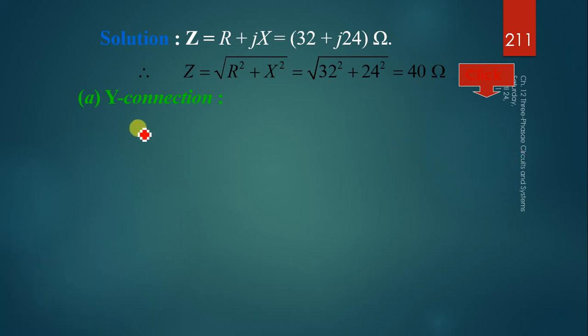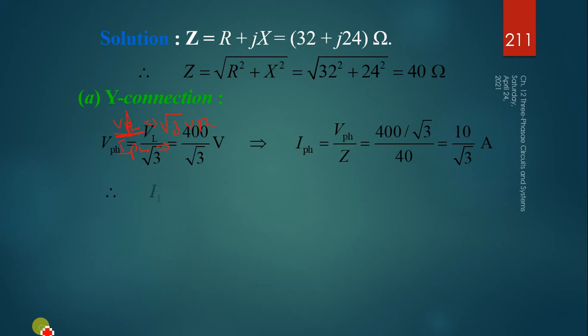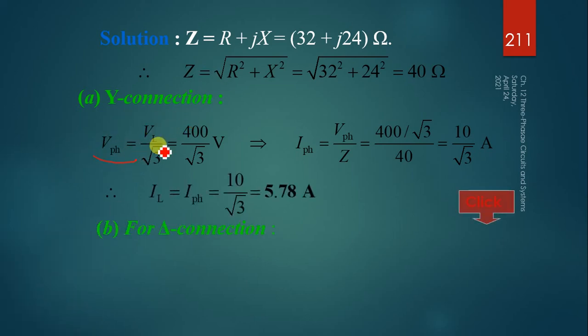Now let us start with the Y connection, that is the star connection. In star connection, what is V phase, V line, and I phase? The previous example we have checked very clearly. V line is equal to root 3 times V phase, that is what it will be given. V phase is VL by root 3.